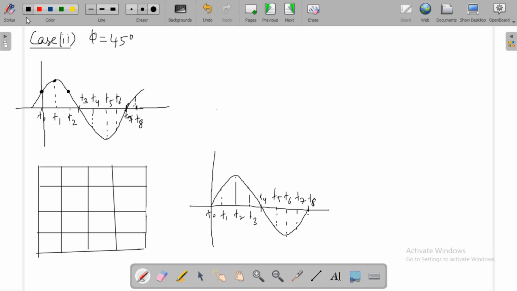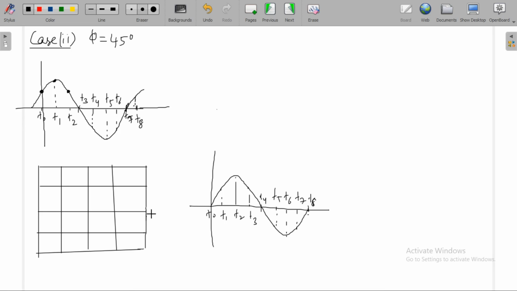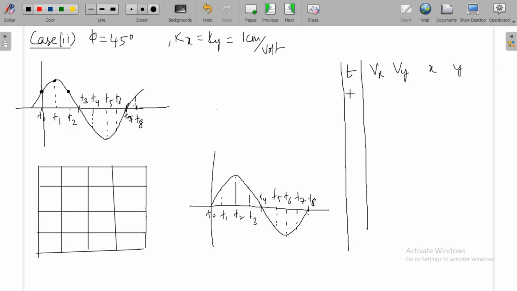Fine. You take kx equal to ky equal to 1 centimeter per volt. Then at T naught, we tabulate t, Vx, Vy, and x comma y, for T naught through T8.